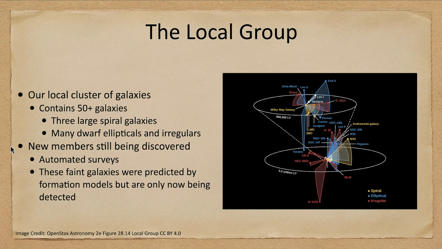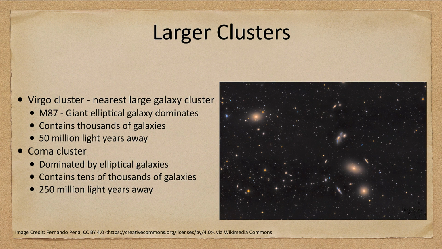Now this is a relatively small cluster. There are much larger clusters as well. A nearby one is the Virgo cluster, which is the nearest large galaxy cluster, including the giant elliptical galaxy M87. This one contains thousands of galaxies and is about 50 million light years away on average.